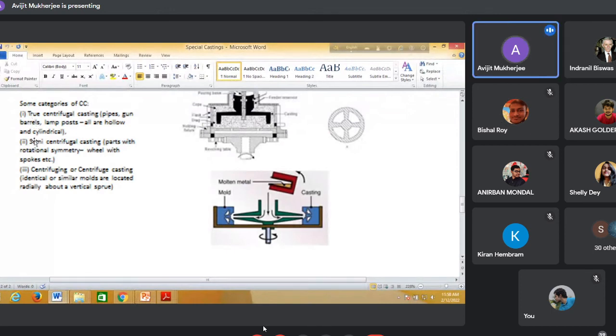Second one is semi-centrifugal casting. True centrifugal casting means like hollow cylinder pipe, throughout its length the thickness is same.